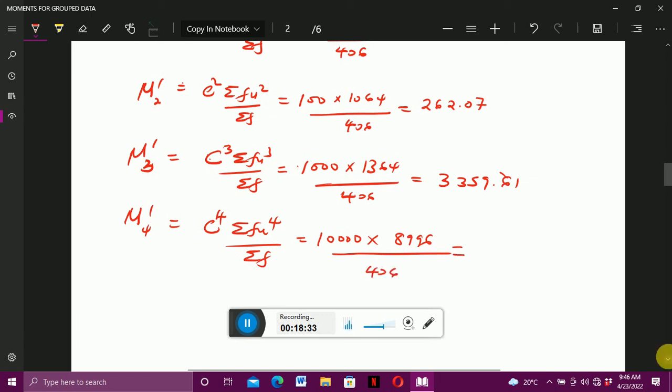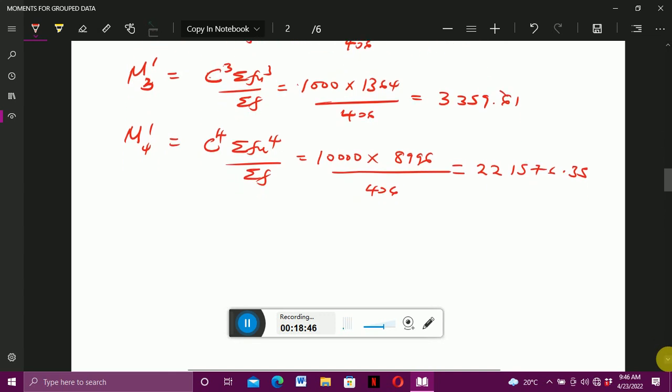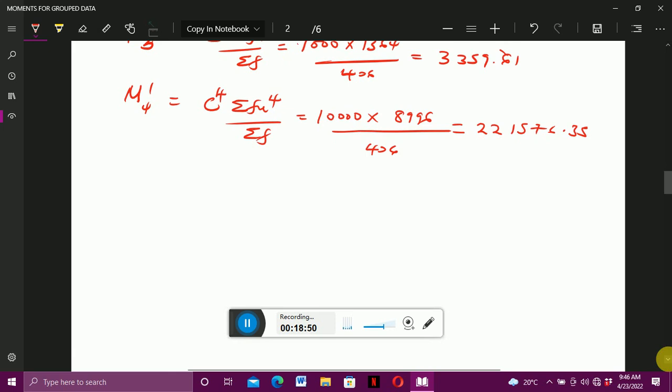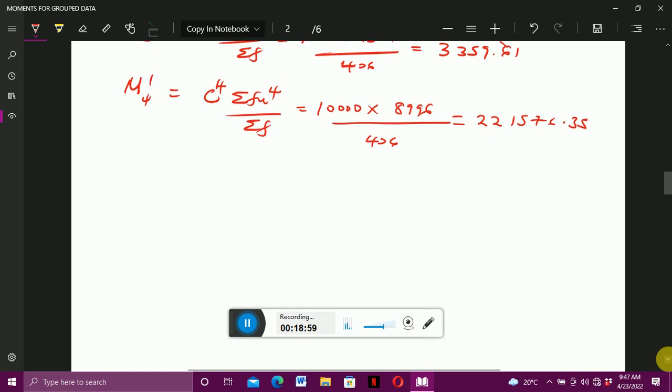When we work that out, we get 221,576.35. So now we already have the first 4 moments about the point 45.5. These are the moments that are going to help us to get the first 4 moments about the mean.